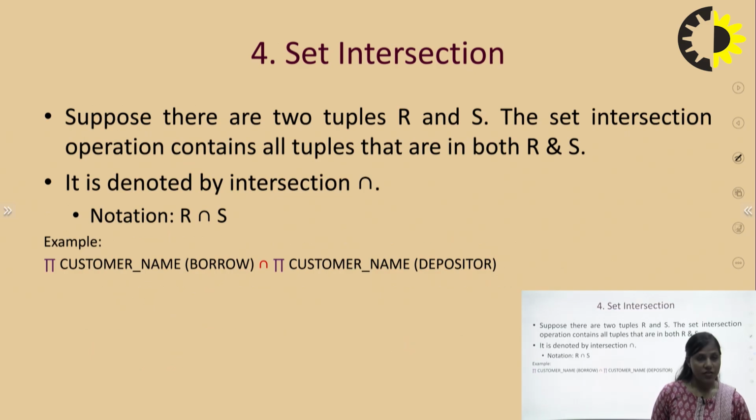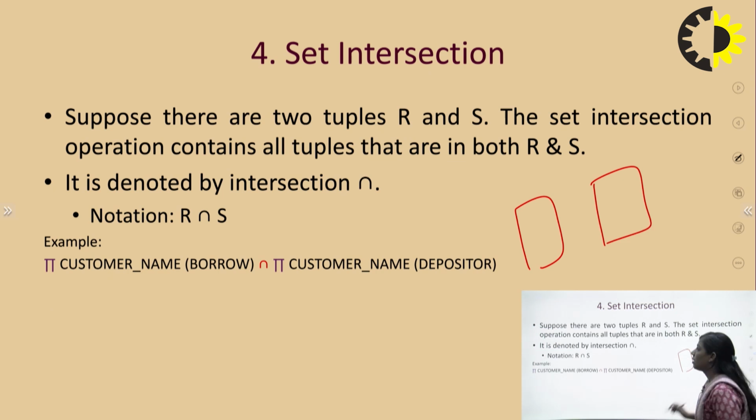Now in the case of set intersection, it is just the opposite case of union, in which it will fetch the common values, meaning the data contained in both tables. Suppose we have two relations R and S that we have taken already in the previous example. Now the set intersection operation will contain all the tuples that are in both.